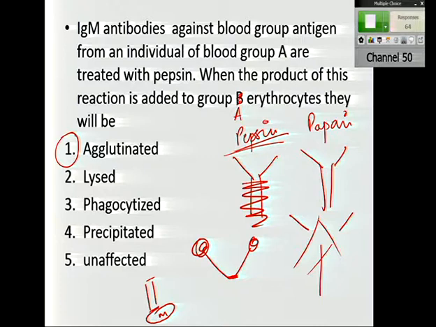Precipitation also, you need the antigen binding site. Precipitation is usually soluble antigen. Yeah, soluble antigen and soluble antibody bind to form an insoluble precipitate.